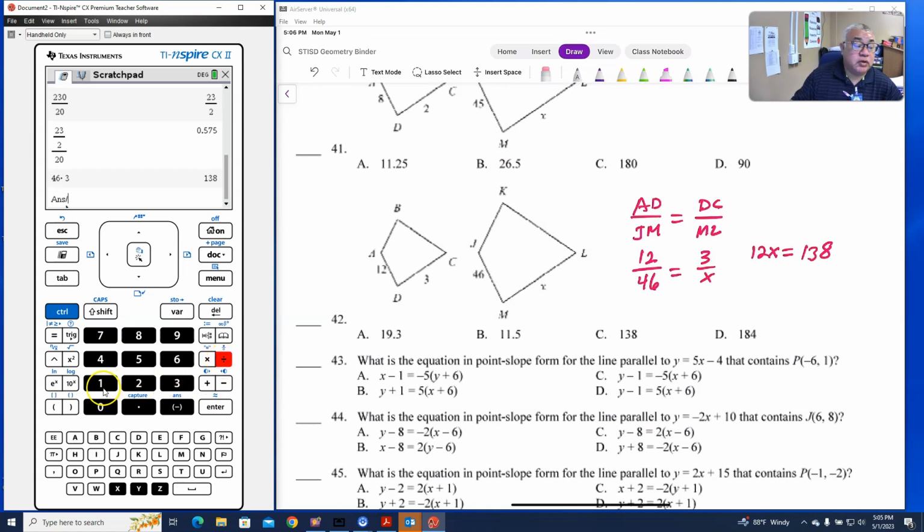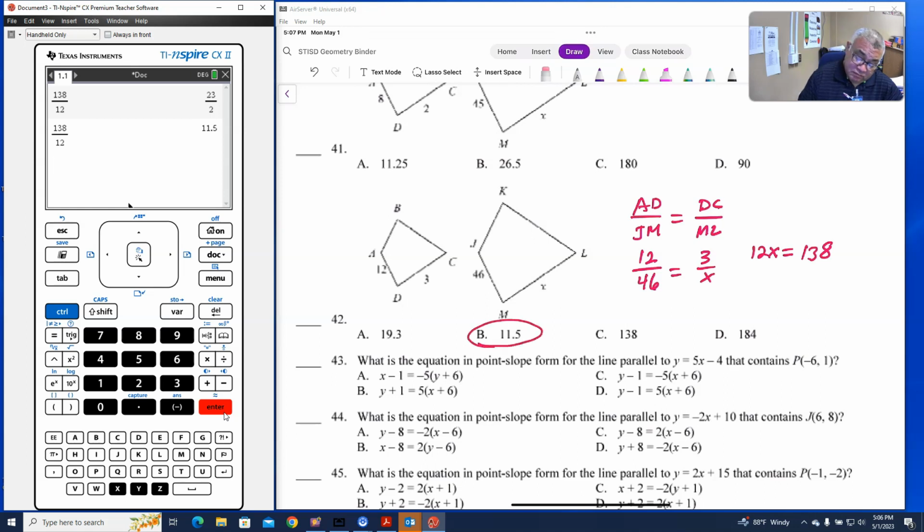Divided by 12. So we have 138 divided by 12. So the answer is B.